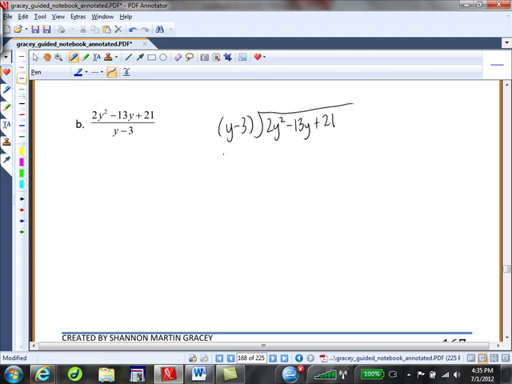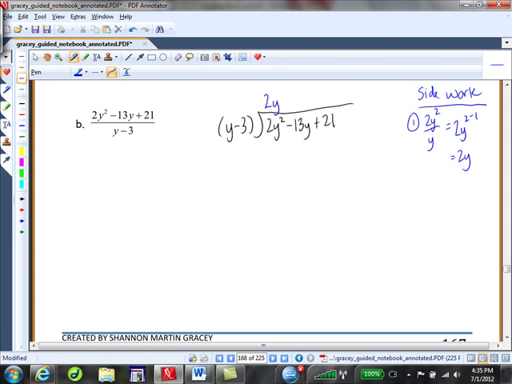Y times what gives us 2y squared? Good, you would have y times 2y, that yields a result of 2y squared. If you don't like that, you have your side work. And your first bit of side work was 2y squared divided by y equals 2 times y to the 2 minus 1, which is 2y. You see how we got that?